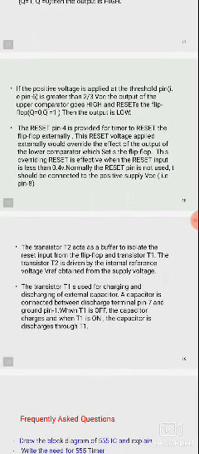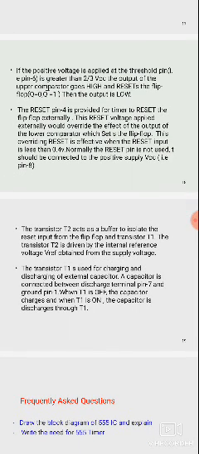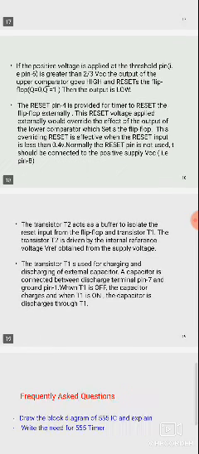Normally the reset pin is not used and should be connected to the positive supply, that is pin 8.